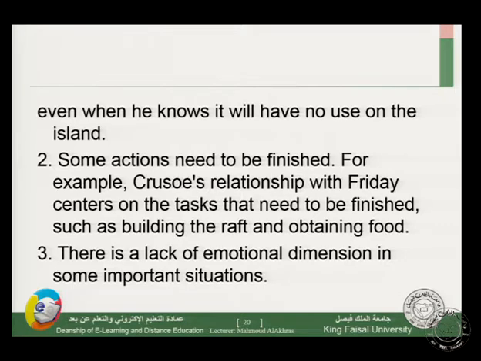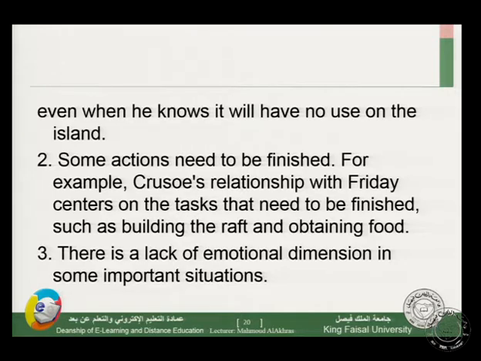The third reason we have, there is a lack of emotional dimension in some important situations. If you have a very important situation which requires a lot of emotions, this is not clear in Robinson Crusoe.